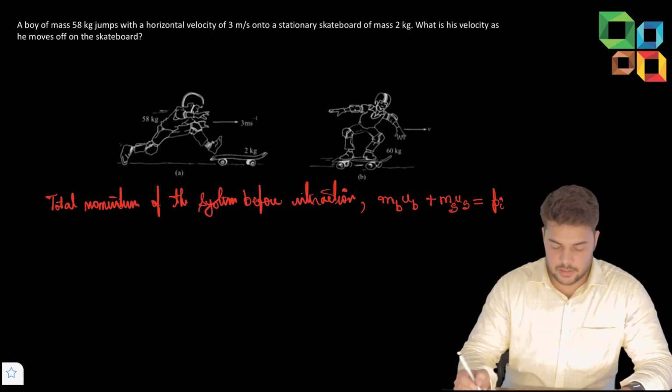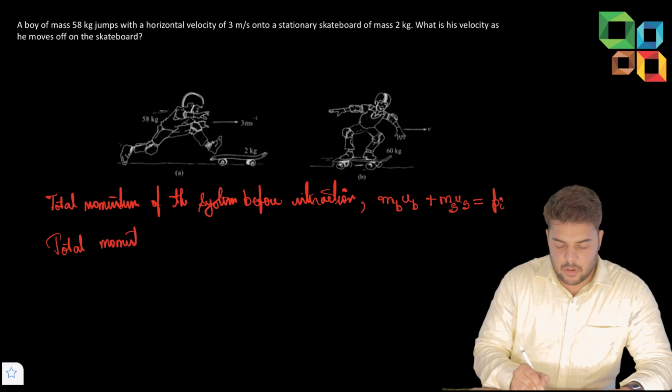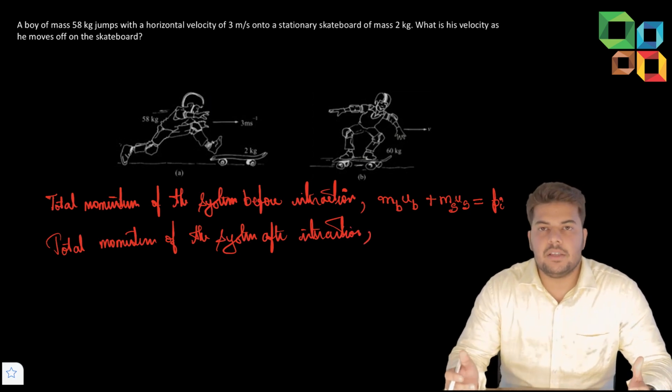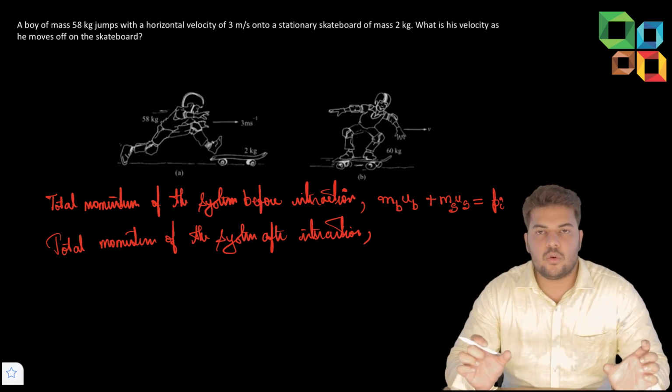All right. So what is the total momentum of the system after the interaction? Now the boy is on the skateboard. There are no two points over here. There is no separate boy and skateboard.